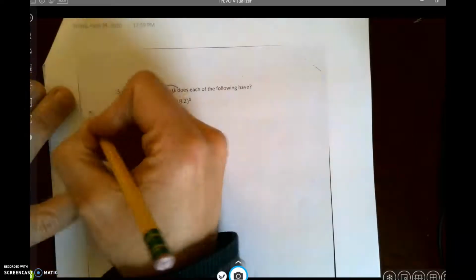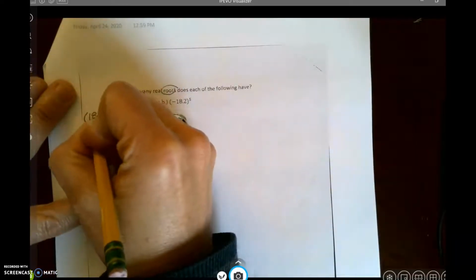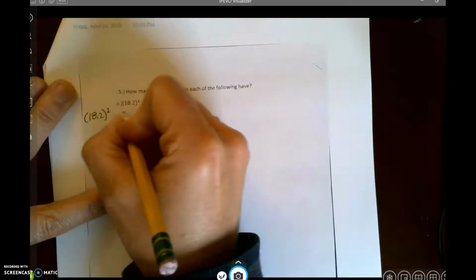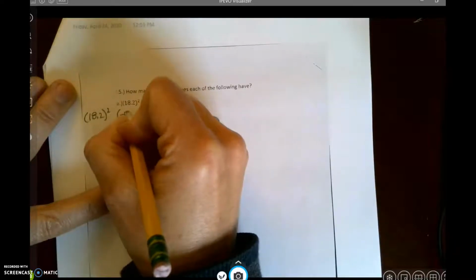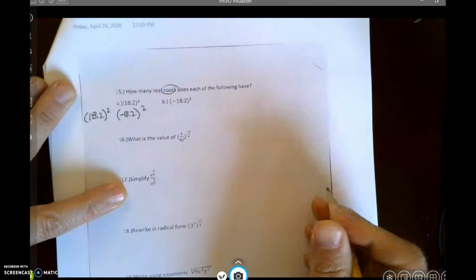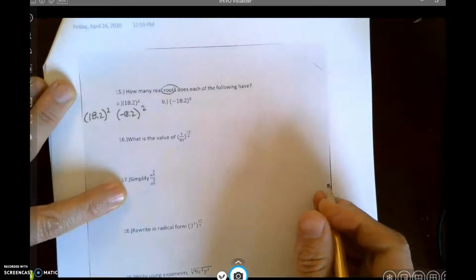So in other words, could this 18.2 be positive or negative and we get the same answer? If you square positive 18.2, or you square negative 18.2, do you get the same answer?